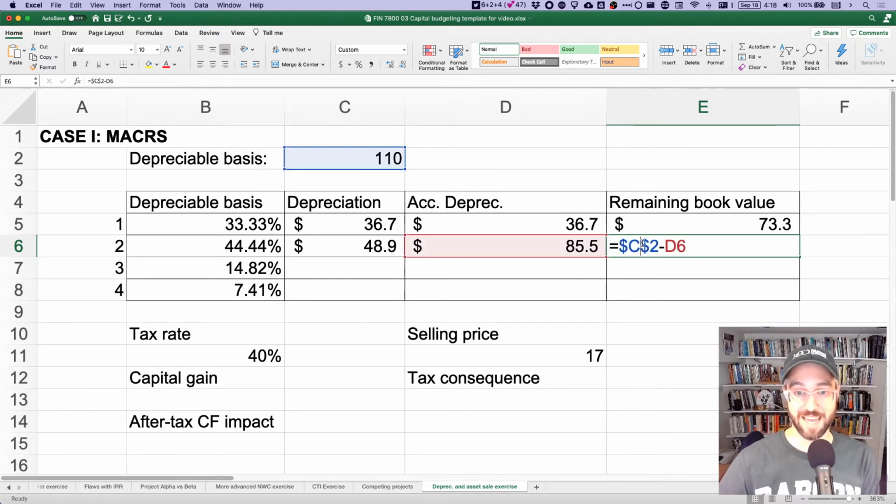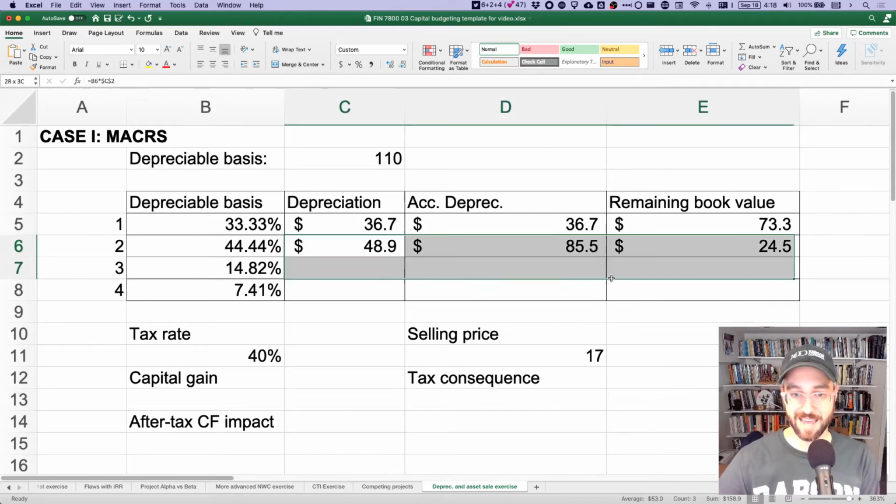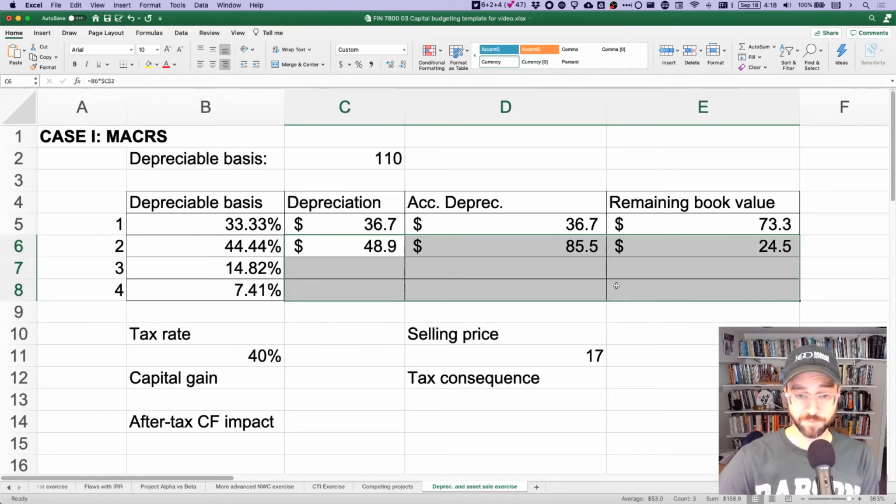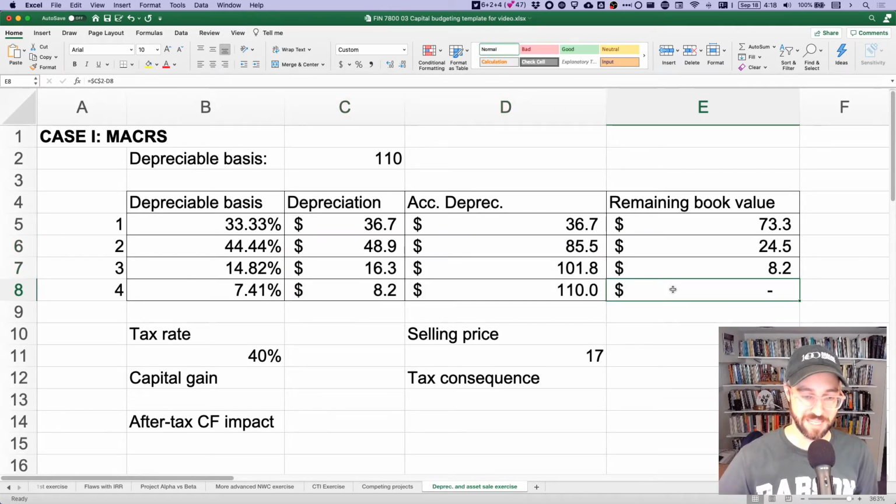And so what's left is going to be 110, the initial purchase price plus installation cost, or depreciable basis, minus the amount of total accumulated depreciation so far. And assuming that we did it right, we should be able to copy those formulas down, and the remaining book value at the end of 4 years turns out to be 0.